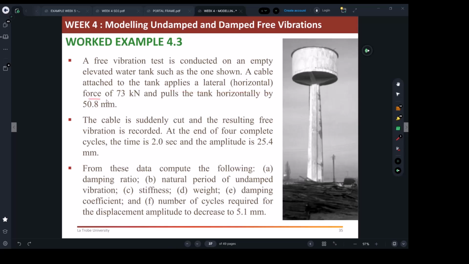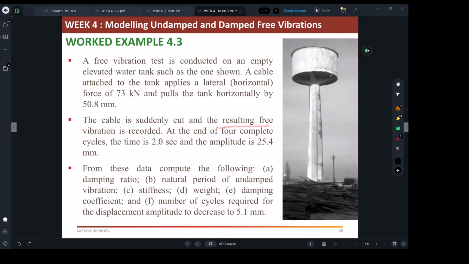They're going to apply a force of 73 kilonewtons, pull the tank horizontally, and pull it up to about 51 millimeters. They measure all that, and then they suddenly cut the cable.